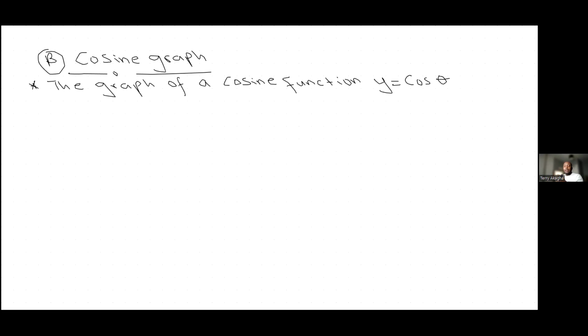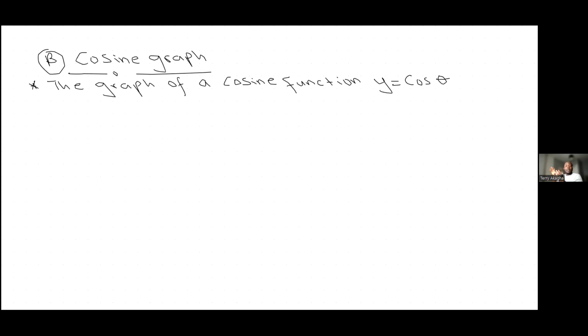Similarly, it can be said to be shifting by pi over 2 radians as well, but instead of starting from 0, it's starting from 1. So you have the same wave-like pattern.